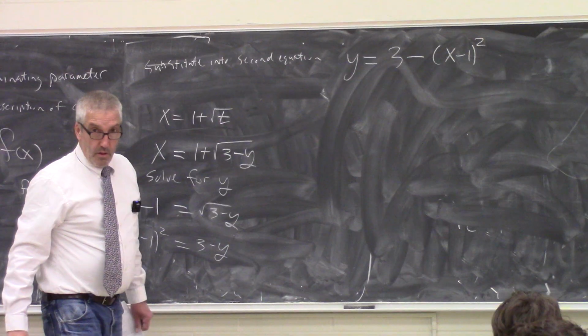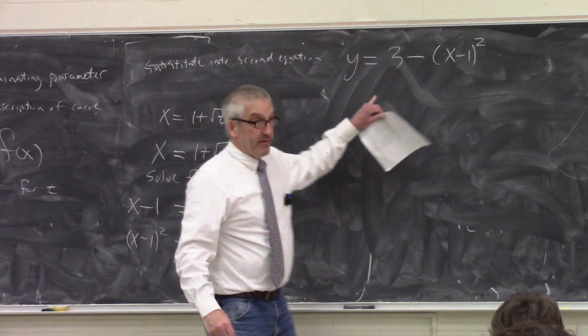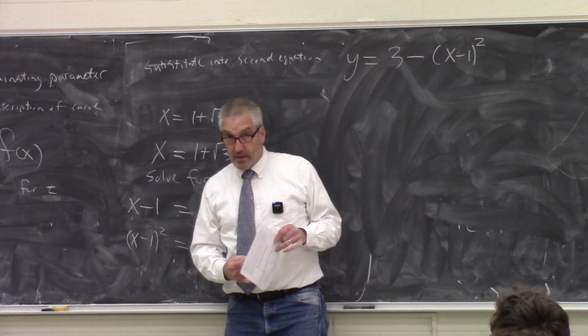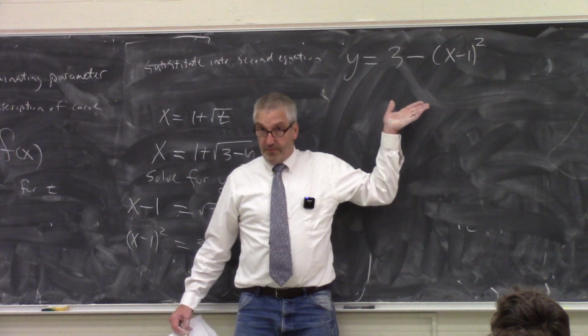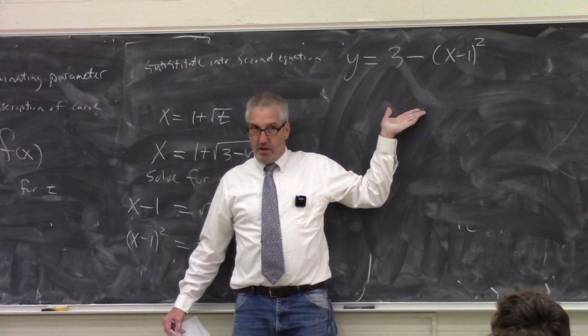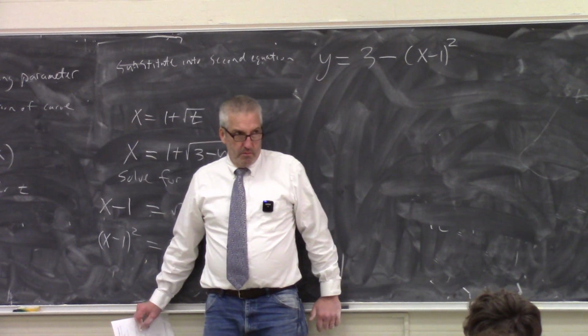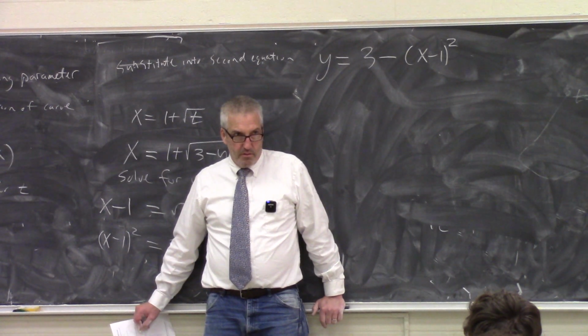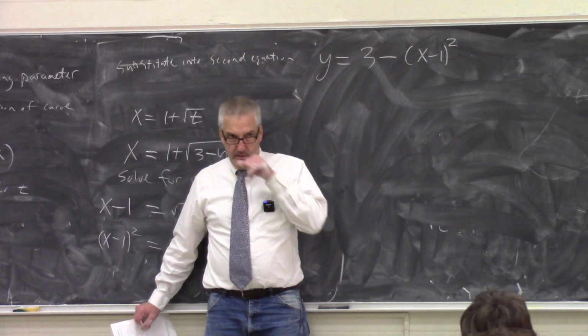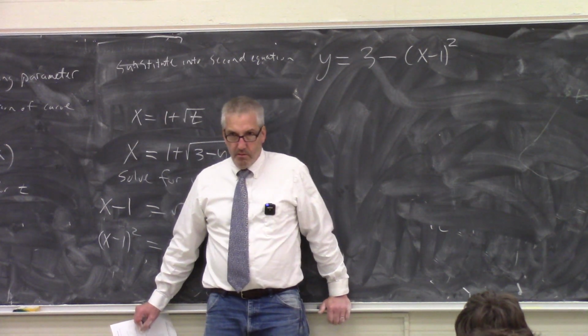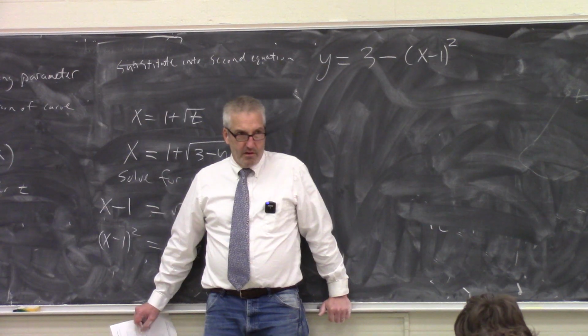So how could we graph this by transformations? I mean, give me the sequence of basic graphs and then their transformations that would get you to here. Anybody want to tackle that? What's the basic graph? Annika? Parabola.